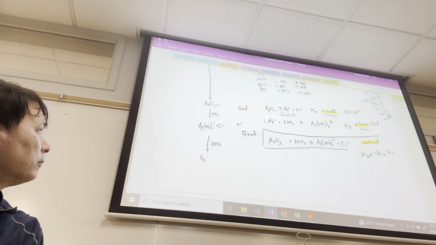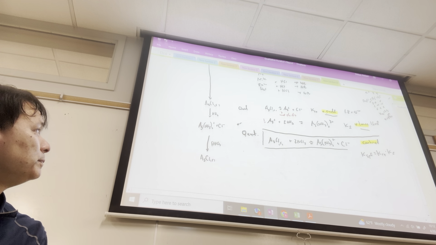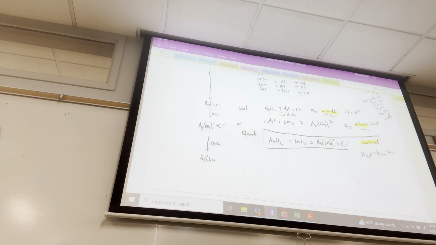It just reprecipitates out our silver chloride. We could do this qualitatively here. Qualitatively, it's just going to be a Le Chatelier shift. If we want to reprecipitate, I'm not going to write a precipitation reaction. What I'm going to do is write my KSP.